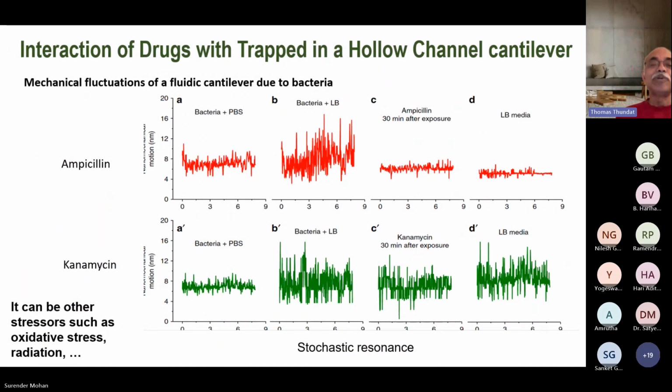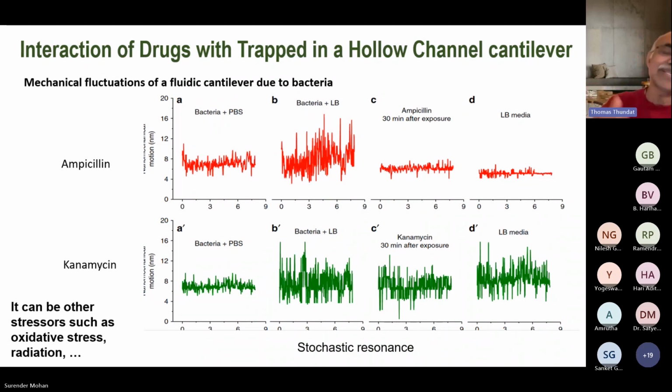Now the interesting thing that you can do with this arrangement is lots of interesting chemistry or biology. What is shown at the top is that you have bacteria trapped inside with PBS buffer solution, and the red curve shows the noise as the cantilever vibrates, in nanometers.